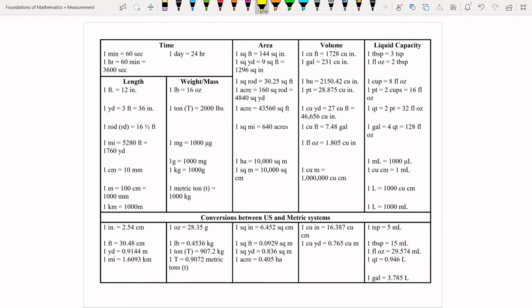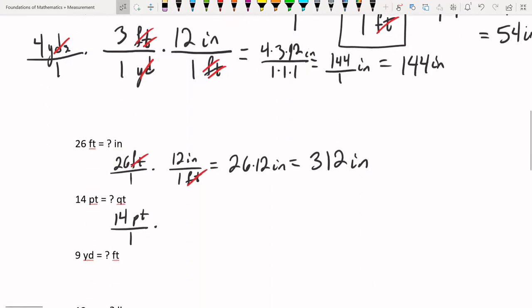It's a volume, but it's a liquid capacity that they use there. 1 quart equals 2 pints. That's what I have. The rest of this here we don't have to worry about. The 32 fluid ounces, that's not part of the problem. We do have 1 quart equals 2 pints.